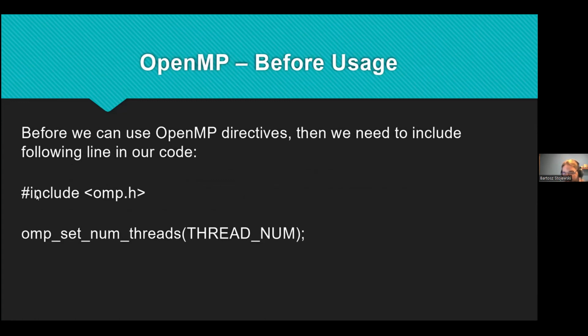In the header, we must first include our omp.h header, which allows us to use OpenMP directives. And then in the function code, we need to set our threads to a thread number, which is usually the number of processors in our computer.